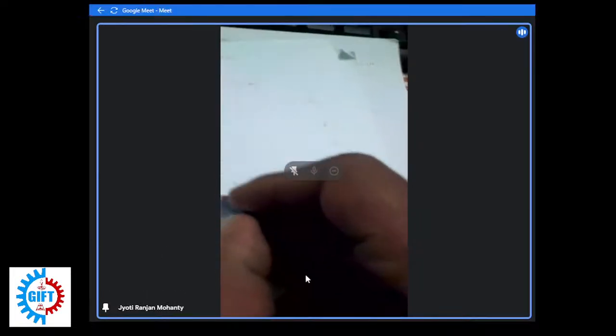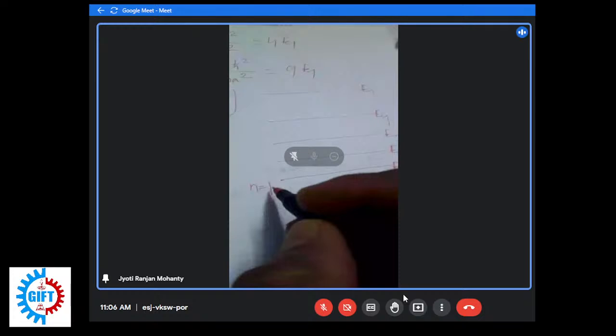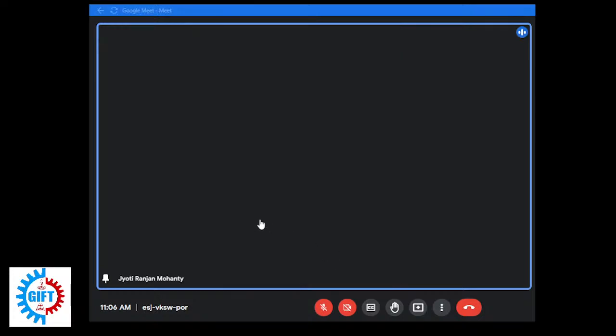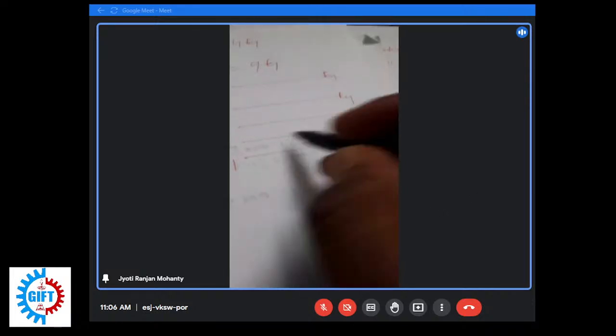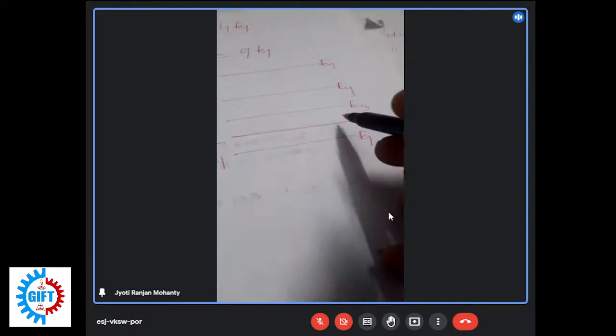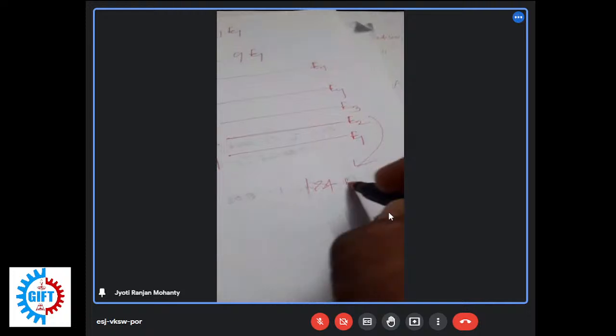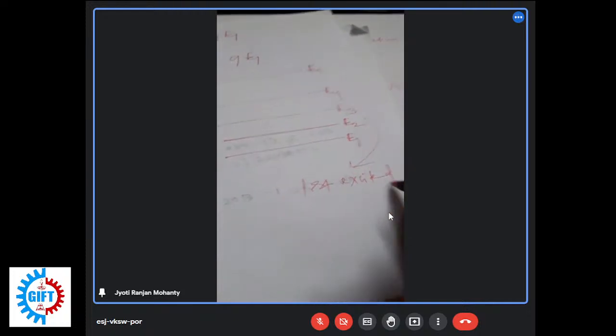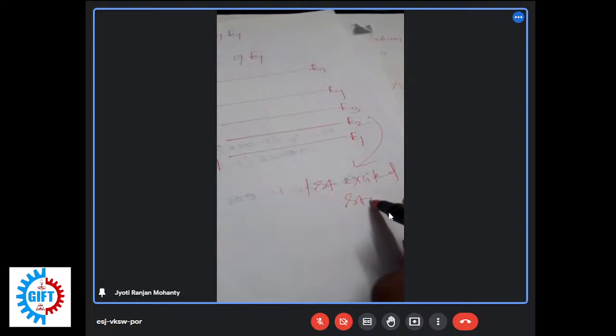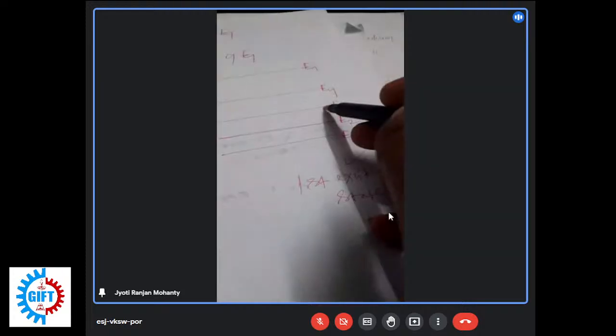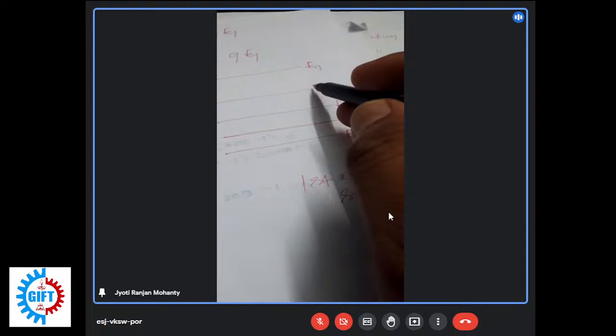So E2 is not the second excited state, it is the first excited state. You have to remember this carefully.